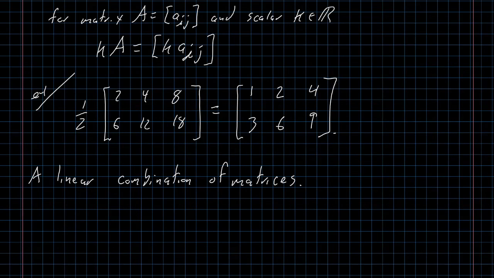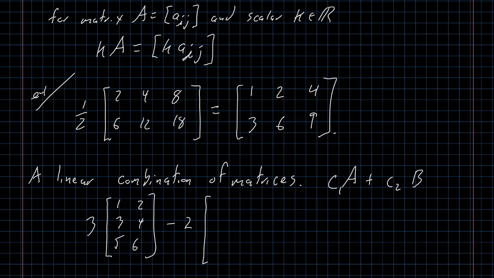And since we have matrix addition and we have scalar multiplication, that means that we can form a linear combination, C1 times matrix A plus C2 times matrix B. All right, so let's take 3 times the matrix 1, 2, 3, 4, 5, 6, minus 2 times the matrix 1, negative 1, negative 2, 2, 3, negative 3.